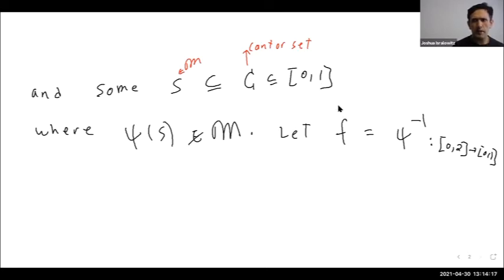And just by basic analysis, this is continuous, so it's certainly measurable.